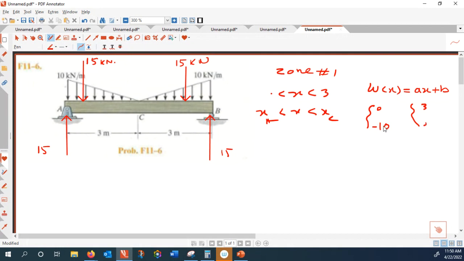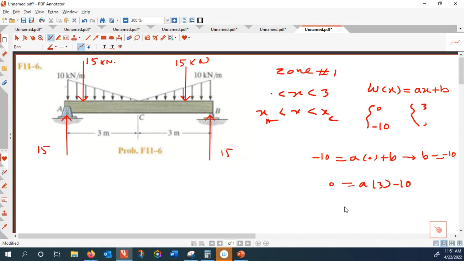0. Well done. Now let's apply these 2 points inside that line to find A and B. So I put minus 10 as W of x is equal to A times 0 plus B. And that gives me B equal to minus 10. And then I try the condition number 2, that is x equal to 3. So this is 0, W of x is equal to A times 3 plus B. B is minus 10.